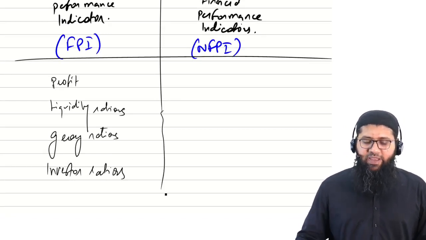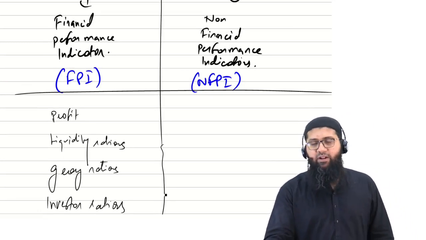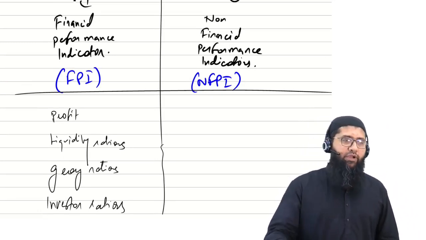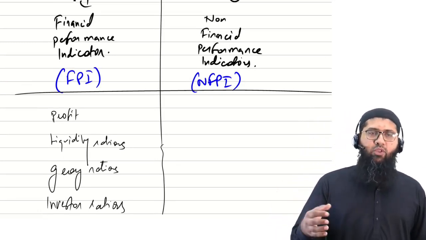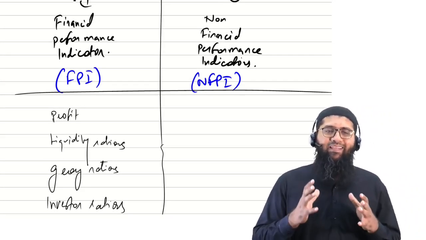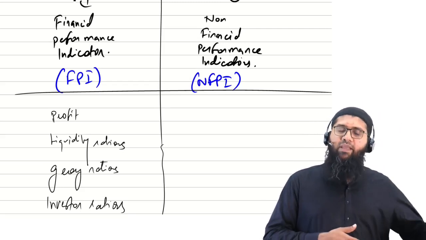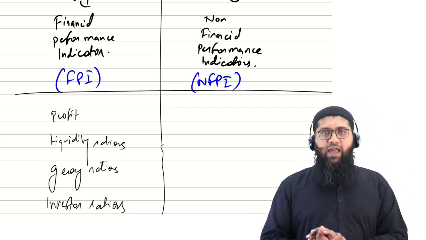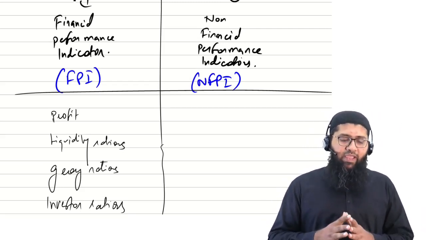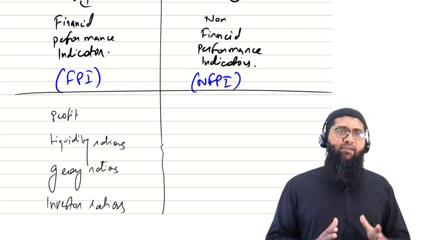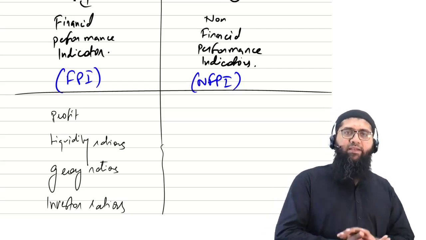There could be multiple types of financial performance indicators, so you could have the measurement of revenue. Simply anything related to the financial statements of the entity would mean financial performance indicators.